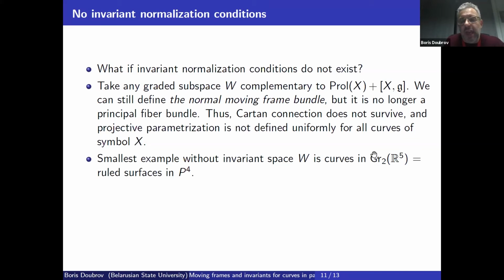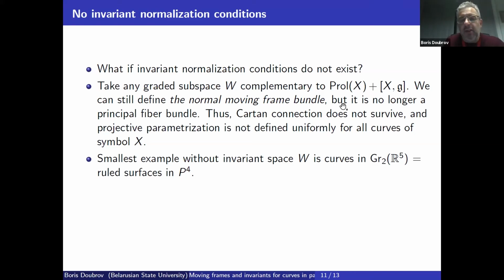In such a case, if you have a generic curve here, you can take its osculating flag, and it will be subspaces of dimension 2, then 4, and then 5. Then it turns out that if you analyze the symbol and the prolongation of the symbol, it can be proven that in such a case there are no invariant normalization conditions.